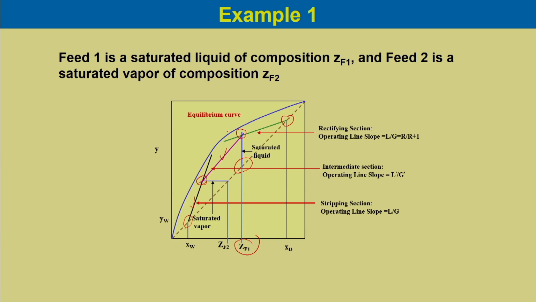Okay. So, this is the operating line plotted between the two feed trays, or the intermediate section operating line, whose slope is shown over here as L dash by G dash, and for the rectifying section the slope is R by R plus 1, and for the stripping section operating line it is L bar by G bar.